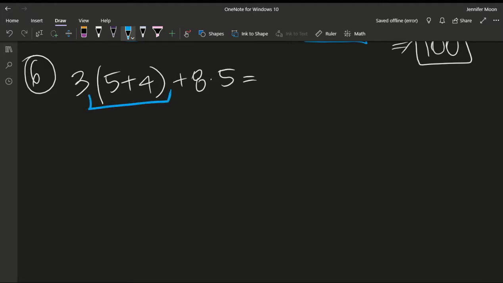I have parentheses here. So what you do is you compute what's in those parentheses. You evaluate what's in those parentheses. You solve what's going on inside of those parentheses. So we would have 3 in parentheses. If you look at 5 plus 4, you get 9. Close parentheses, we have a plus 8 and a times 5.